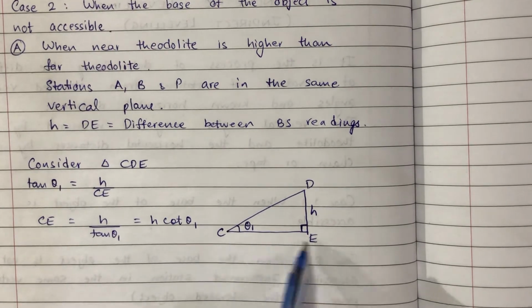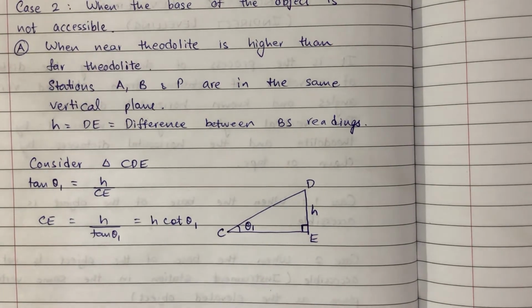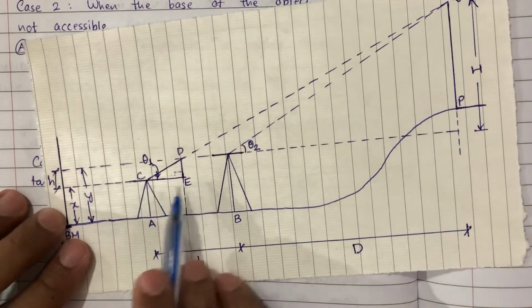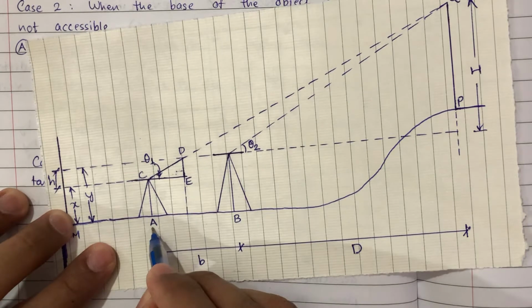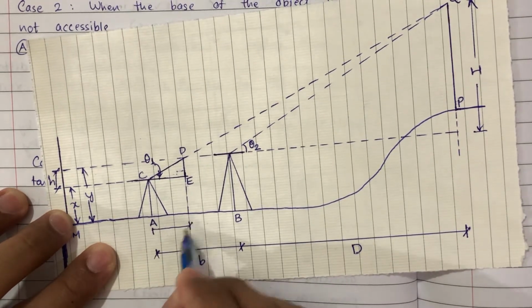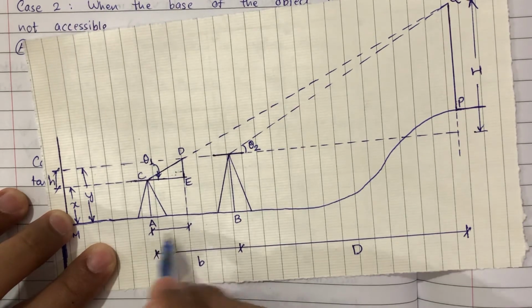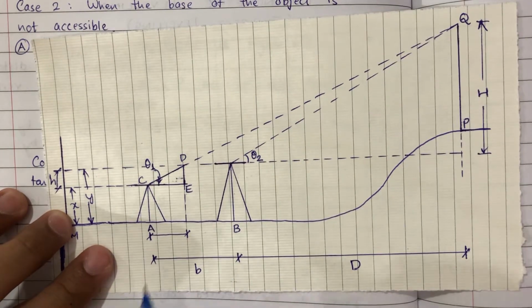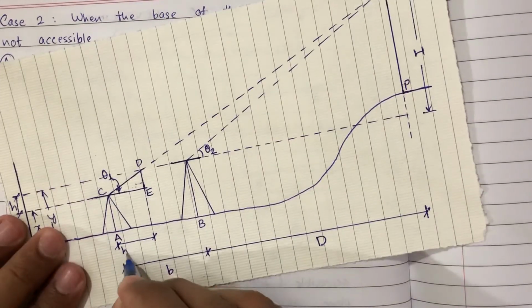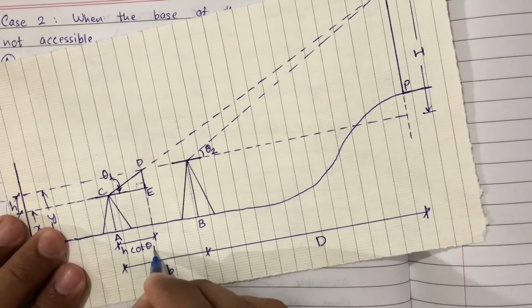So this CE distance is equal to h cot theta 1. At the base of the ground, this distance is also equal to CE, which is h cot theta 1.